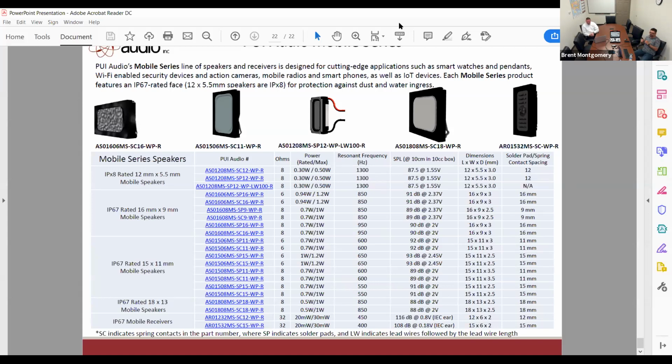I don't want to give out cookie cutter statements or cookie cutter diagrams, because every single application is different. We try to steer customers in the right direction, as opposed to giving them as many products as we can. Once we talk to a customer, we try to cut it down to about 3 to 4 SKUs for them to choose from, so they have a couple different directions they can go in.